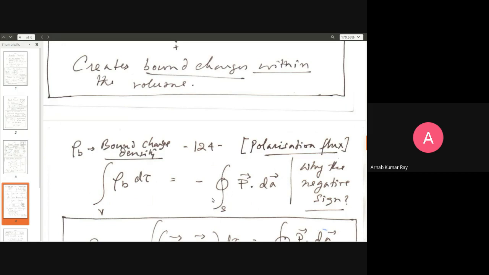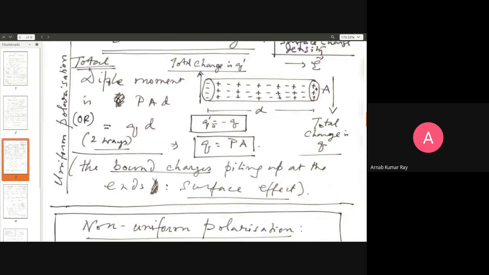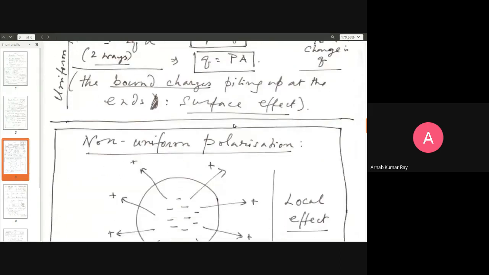E dot dA or B dot dA integrated over some surface area. So closed surface integral, so minus P dot dA. I hope you have understood this particular point. This equation that we have over here is simply a generalization of this equation. Q prime is equal to minus Q.